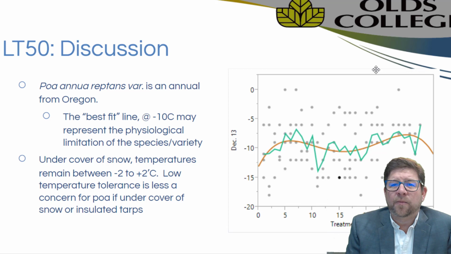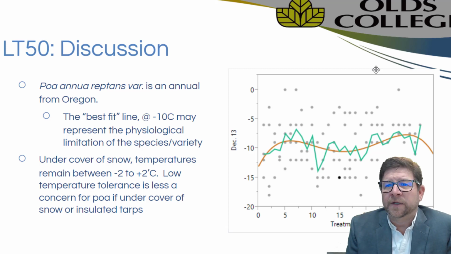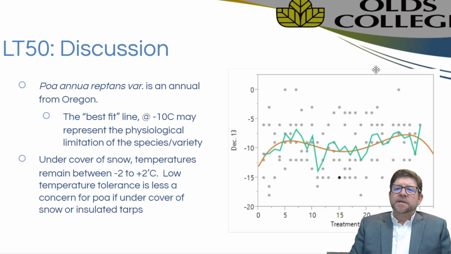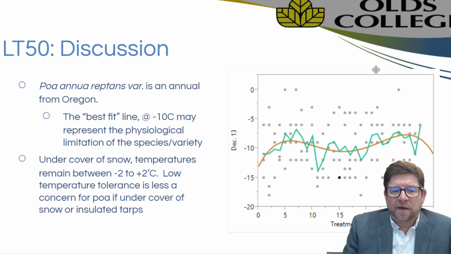And just to point out, although -10 doesn't seem particularly cold, if we consider our turf species under cover of snow, the temperature underneath snow only ranges between about -2 to sometimes +2. Without a tarp on it, without any snow cover, it would be far more likely for that temperature to drop, especially in Alberta, where annual bluegrass sees -20 or even -30 that we've had out here before.